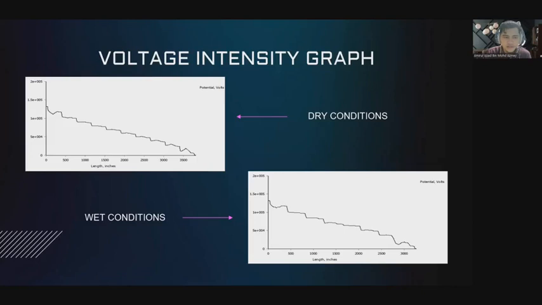For the dry condition, it takes more than 3,500 inches for the voltage intensity to reach zero, and for the wet condition, it takes less than 3,500 inches before the voltage intensity gets to zero.